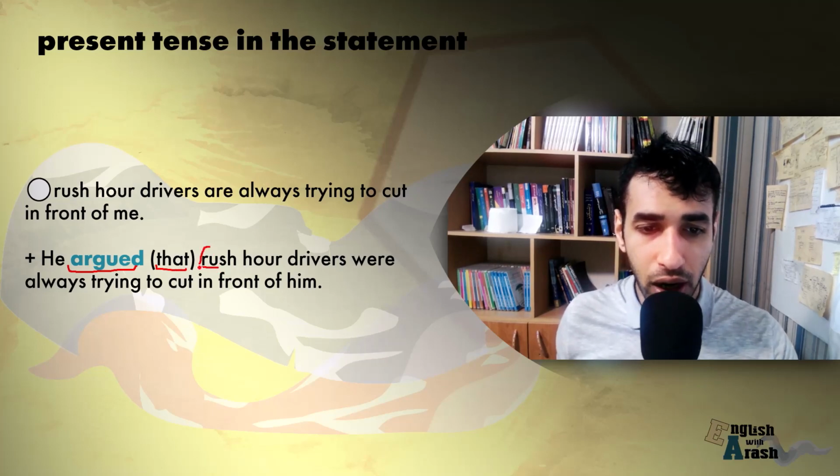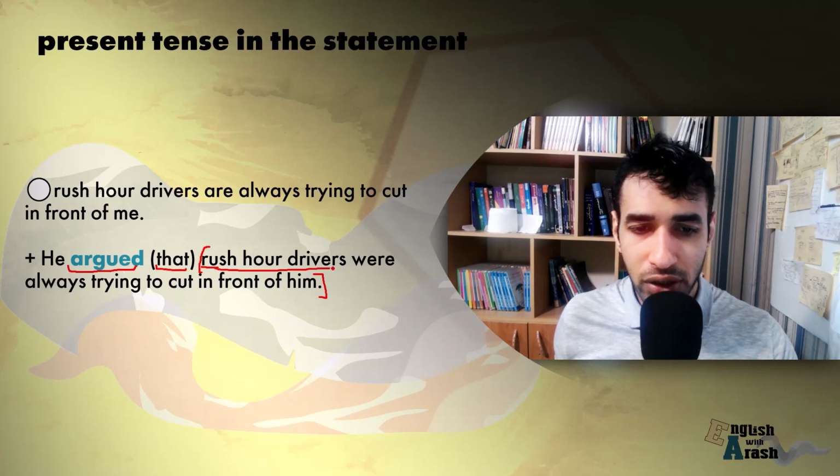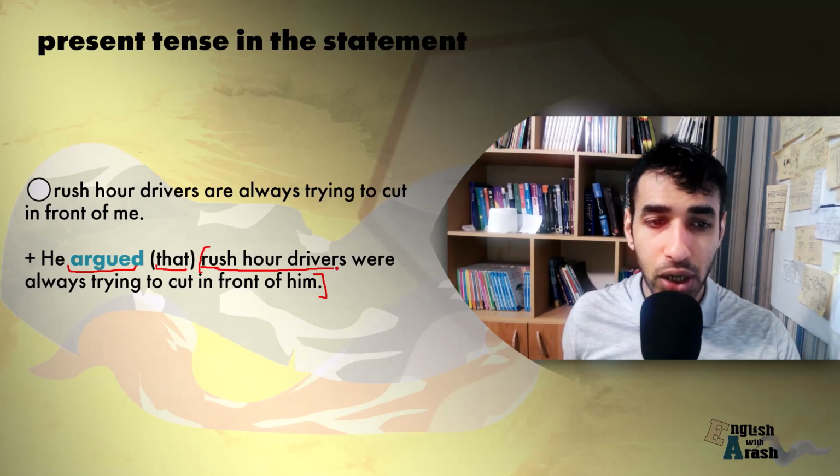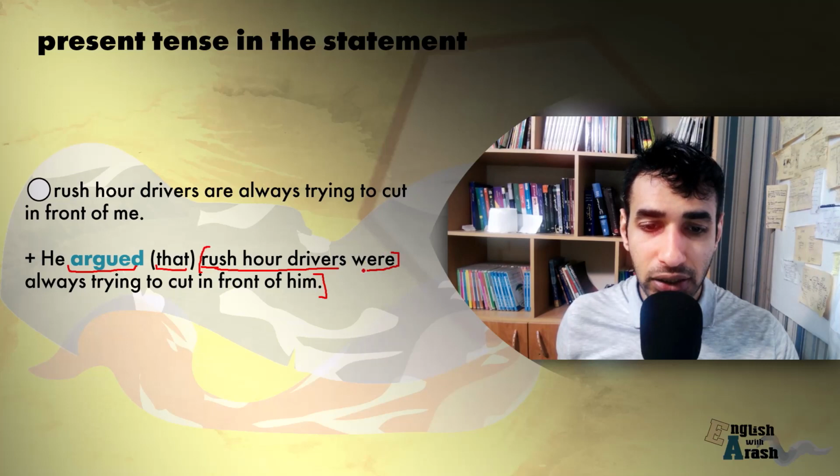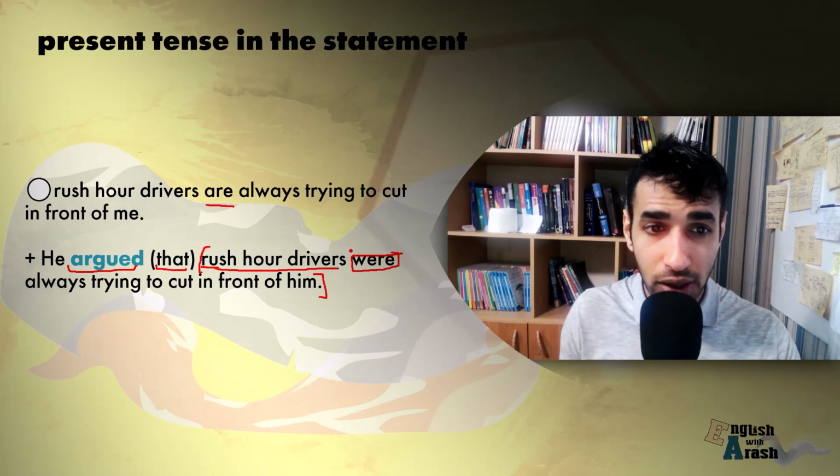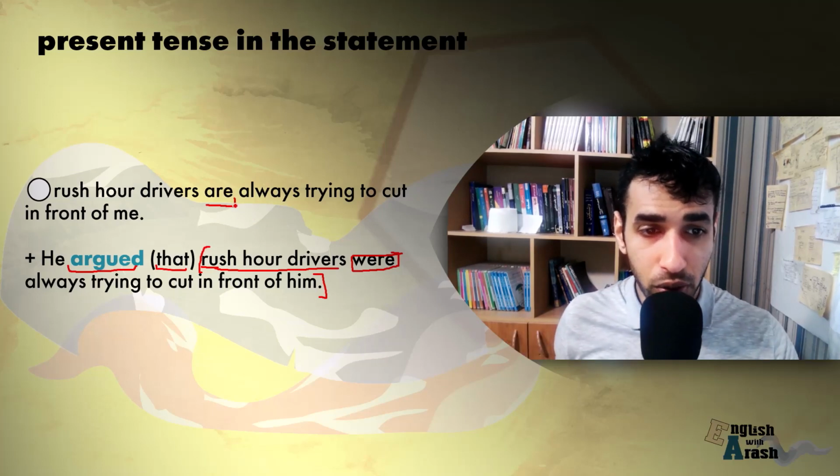Rush hour drivers were always trying to cut in front of me. This is our noun clause. Rush hour drivers is a noun phrase and subject. Where is the past form of are? We should use were here because we are reporting, and the verb are goes one step in the past.